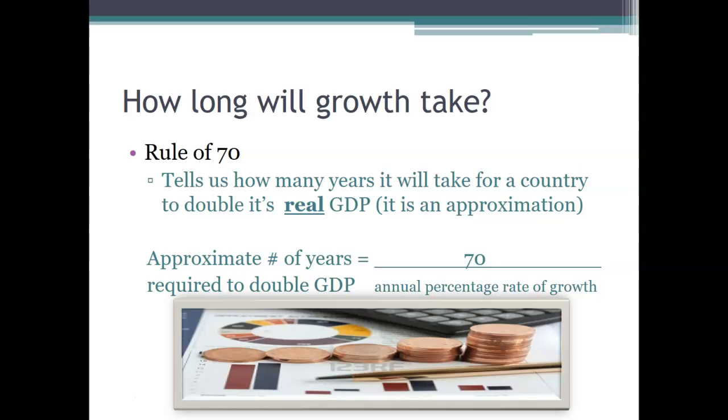In this case, double its real GDP. So it's an approximation because it assumes that this is a standard consistent number. So you're going to take the number 70 and you're going to divide it by the annual percentage rate of growth. Whatever your outcome is the approximate number of years it's going to take to double the GDP.